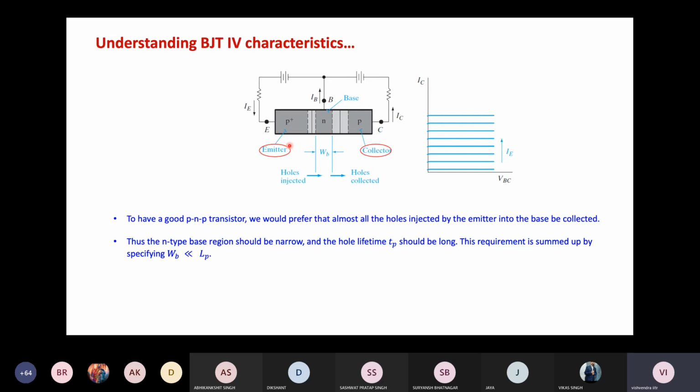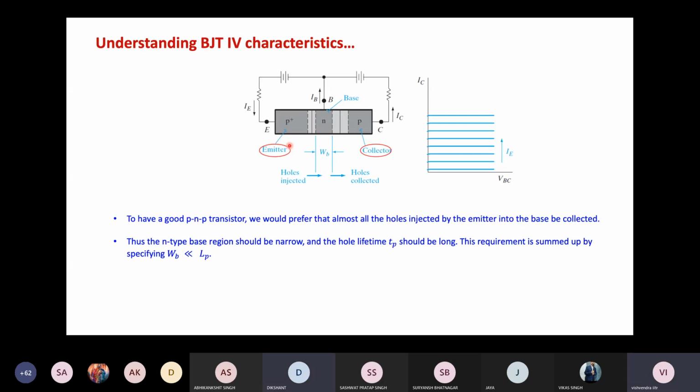If you understand how the base is the control terminal, then I would say you have understood most of the BJT. So just think about it. Although we are mostly concerned about the current going from emitter to collector, the base is still the control terminal. How is that so?